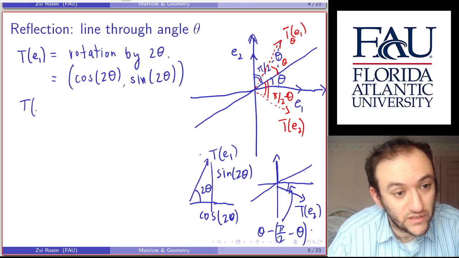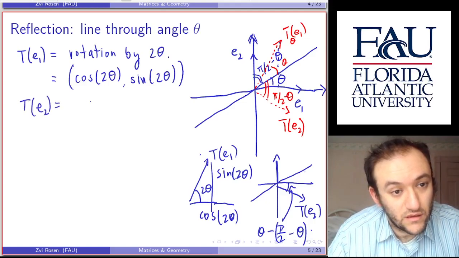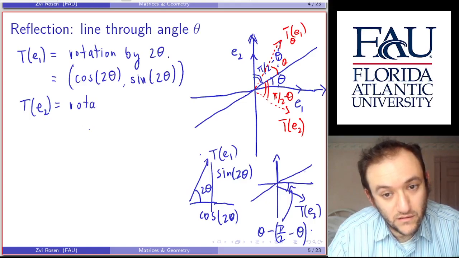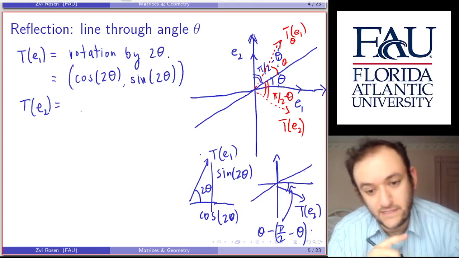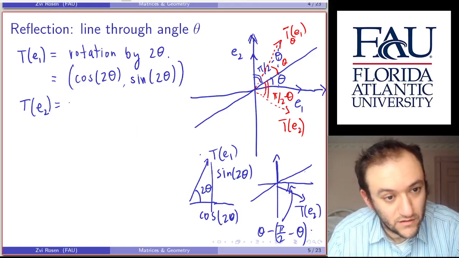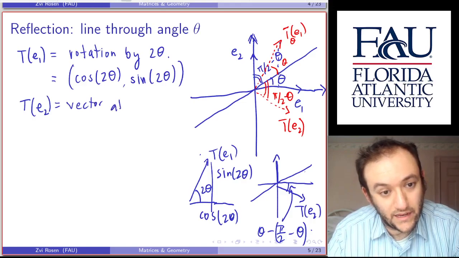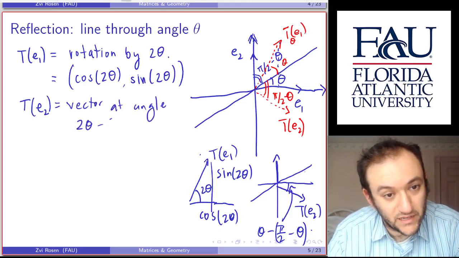So T of E2 is the vector at angle 2 theta minus pi over 2.